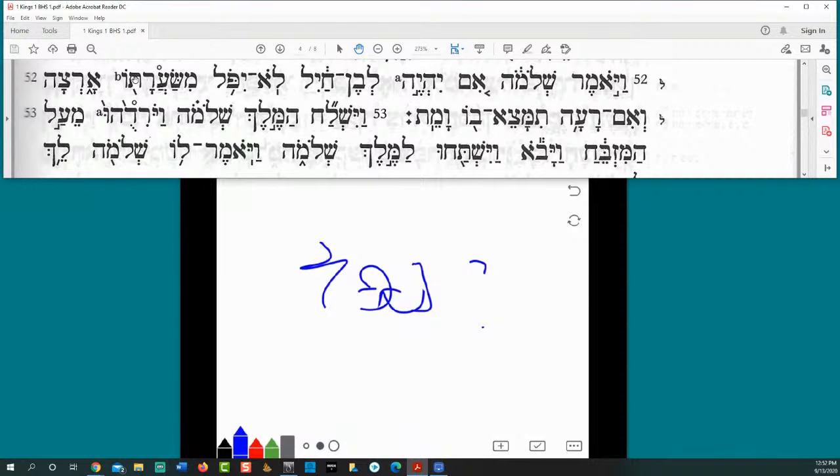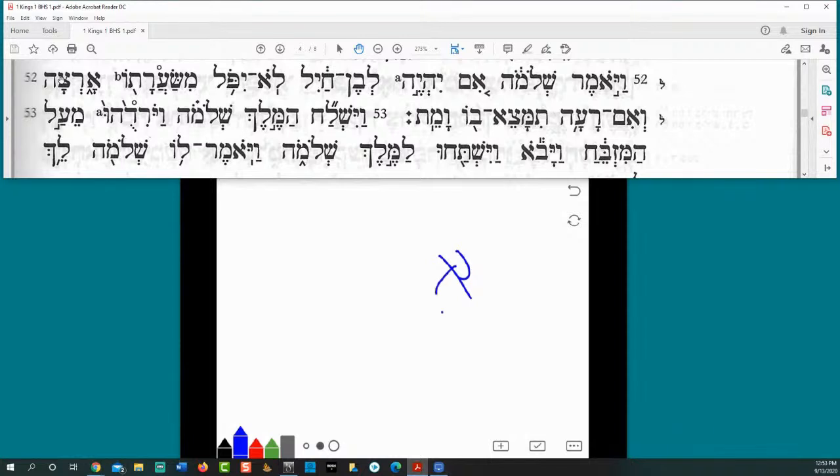What a sa'ara is, is a single hair. So from his single hair, this is min, sa'ara. The hey turns into a tav when you put the object suffix on. So from his single hair, literally, not a single hair will fall arza, to the ground.